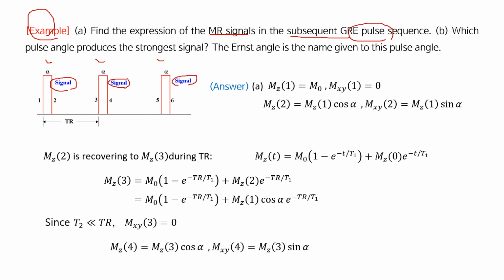So find the expression for each signal. That is question A. Which pulse angle produces the strongest signal? So if we change the partial flip angle, then which pulse angle produces the strongest signal? The Ernst angle is the name given to this pulse angle.